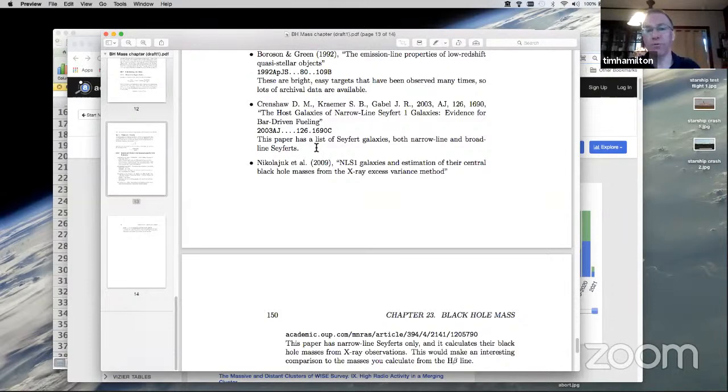It could support faster accretion, but it just doesn't. So you could take some massive quasars, you could take some narrow line Seyfert ones, and if you can measure the black hole mass, calculate the Eddington limit, and then if you can isolate the nucleus, the point spread function of the nucleus, and get the luminosity of that, then you could see how close they are to the Eddington limit.